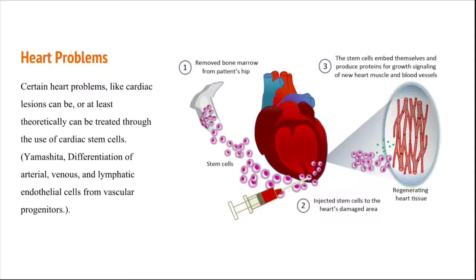They can also be used, at least in theory, to treat heart problems like cardiac lesions. By regenerating certain elements of such tissues, they could theoretically change such diseases and possibly even eradicate them.